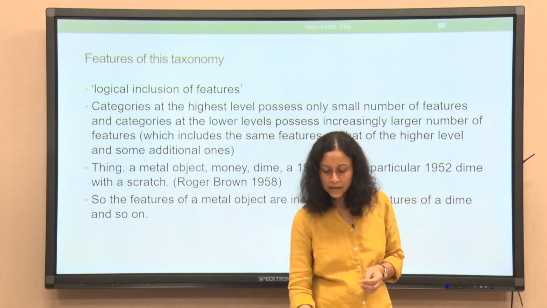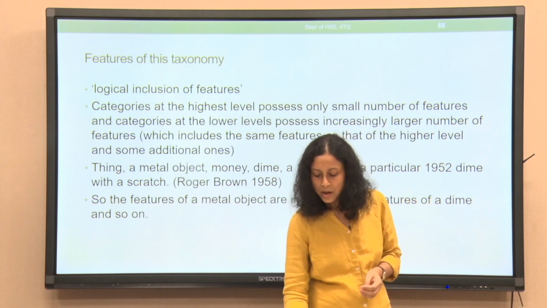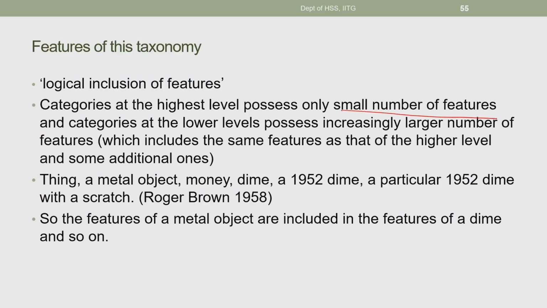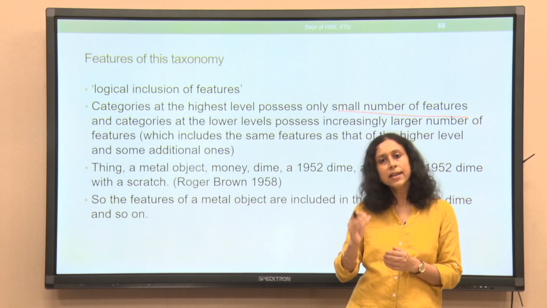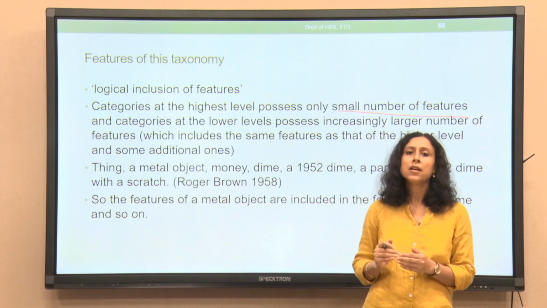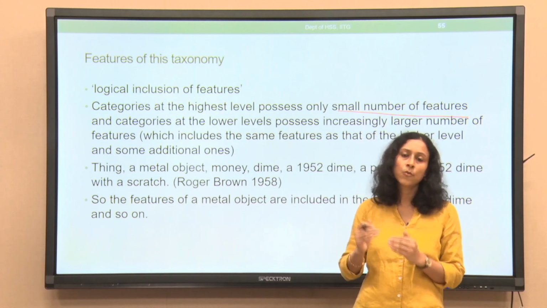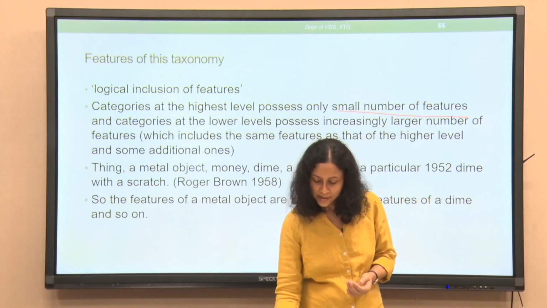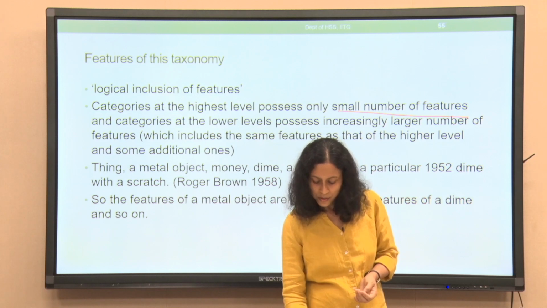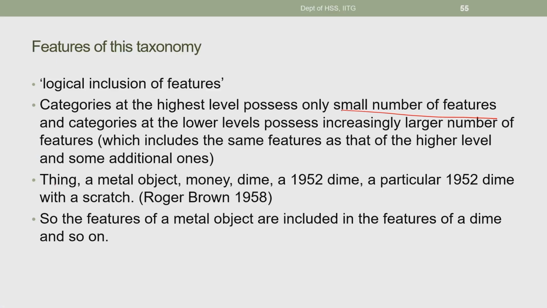The categories at the highest level possess only a small number of features, and as you go down the taxonomy, at each level at least one single feature more is added. This is an example from a book by Roger Brown.